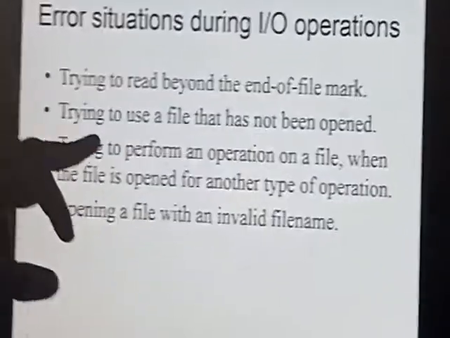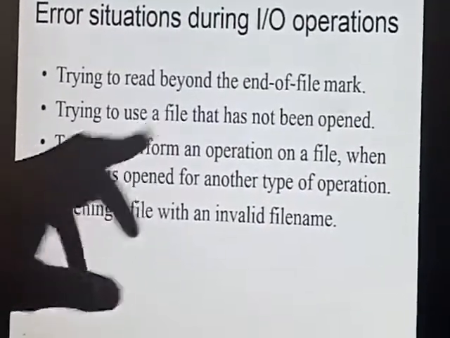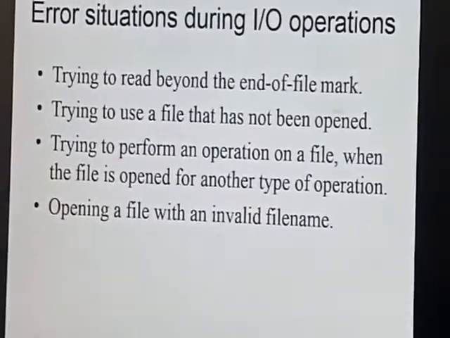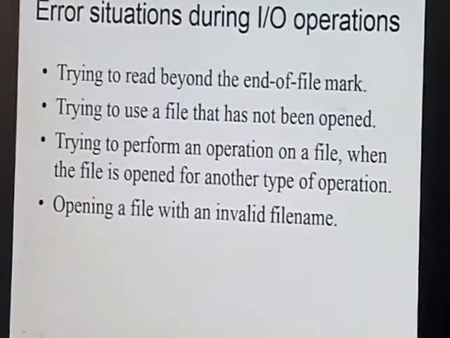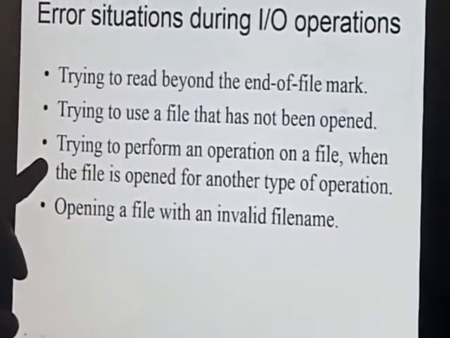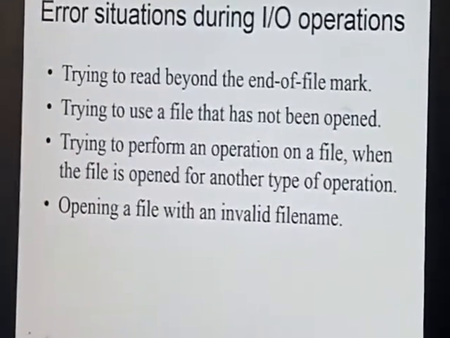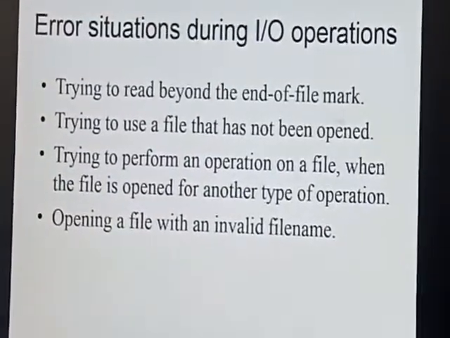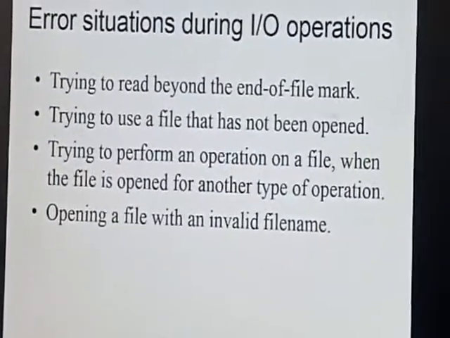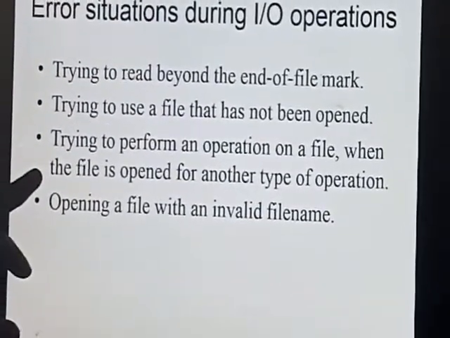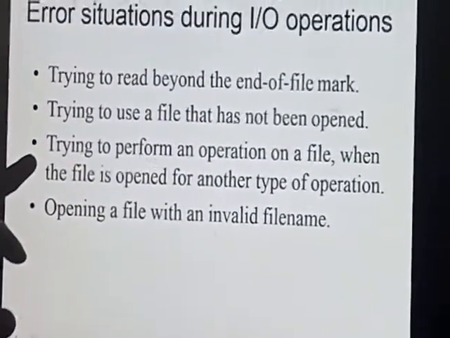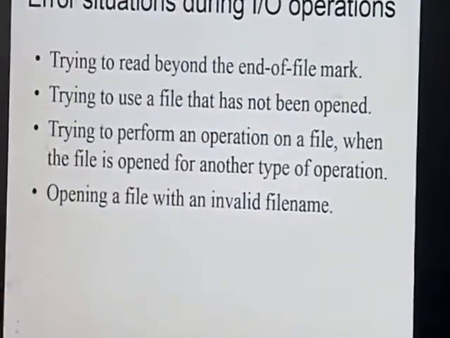The second one, the file is not open and you are going to read the file, that is another error. And the third one, you have opened the file in write mode and you want to read the data from the file, or you have opened the file in read mode and you want to write into the file.